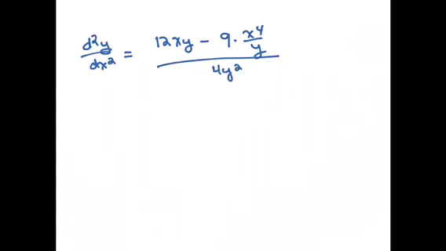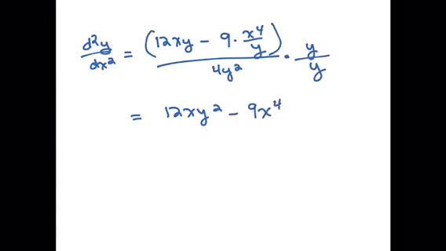Again, we have that complex fraction, so we're going to multiply the numerator and the denominator by y. Distribute that to everything in the numerator, and we get 12xy squared minus, in the second term the y's cancel, that's why we do it, 9x to the 4th, over 4y cubed. There are no factors in common to all of my terms. There is nothing that can be simplified. This is my final answer.